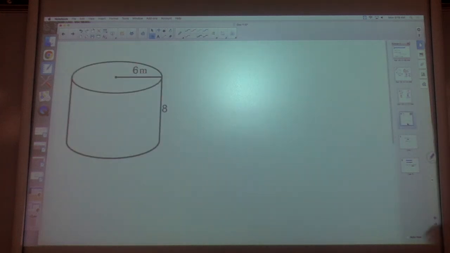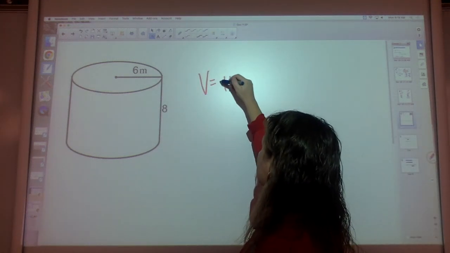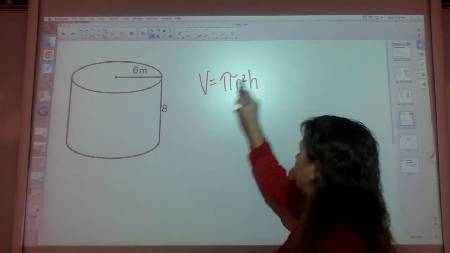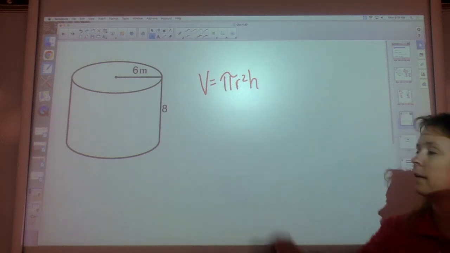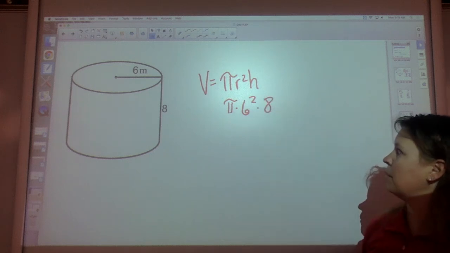All right, and my cylinder, we'll do one cylinder. We'll do two cylinders. This one is drawn for you. Volume of a cylinder is still capital B times H, but our capital B is pi r squared. Pi times 6 squared times 8.